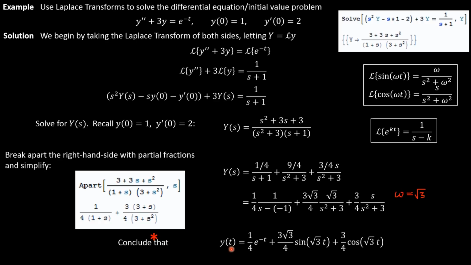It might be completely obvious to you. If it's completely obvious to you, that just means you don't understand it, because the proof of that is pretty difficult. But it turns out, yes, that if you know the Laplace transform of your function, and you find a function whose Laplace transform is that, then that is the only function whose Laplace transform is that. And so this must be the solution. I'll let you chew on that.